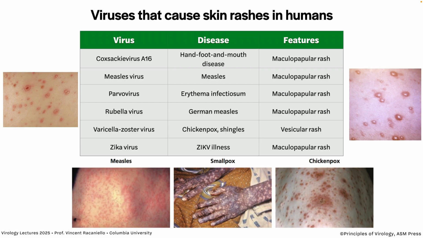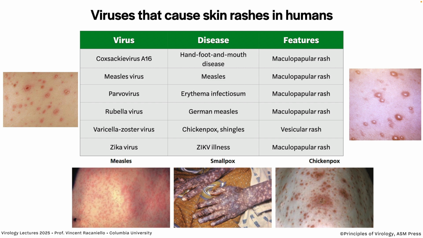Viruses also cause rashes in people, many different kinds of rashes, and they have different names for them depending on how they look: maculopapular, vesicular, etc. Here's measles, which is in the news. I believe that's this one down here, a maculopapular rash, and then Coxsackie virus, measles, parvo, rubella, VZV, Zika virus all cause different kinds of rashes.